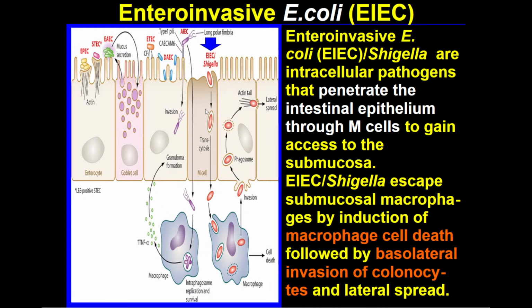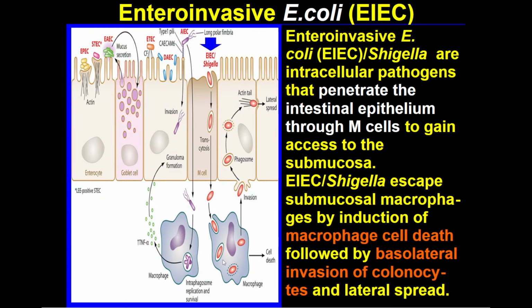See, these are M cells. We have transcytosis through M cells. And then they're released into the submucosal layer, and they escape submucosal macrophages by induction of macrophage cell death.